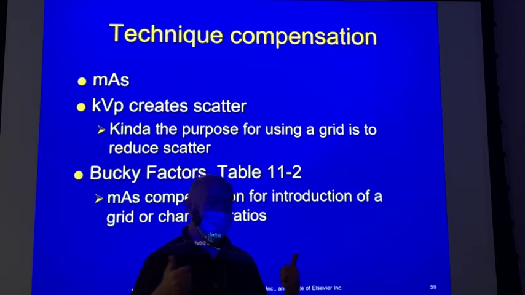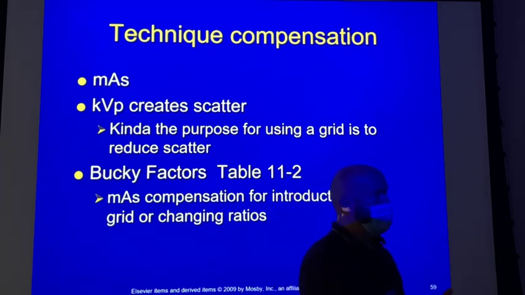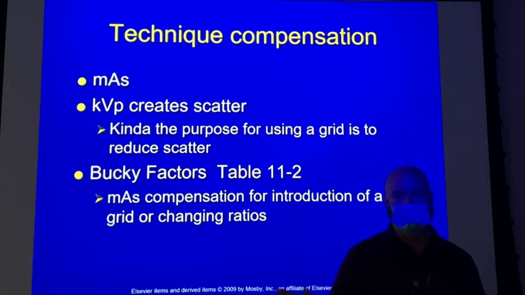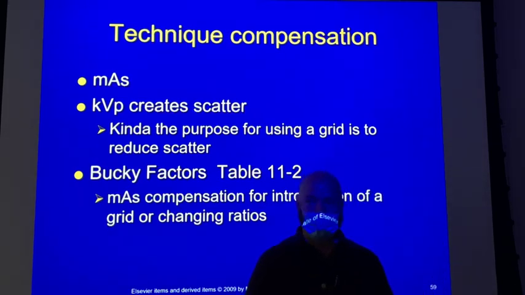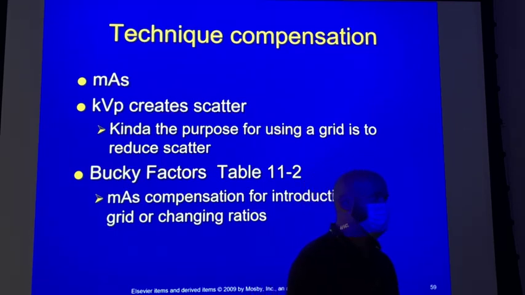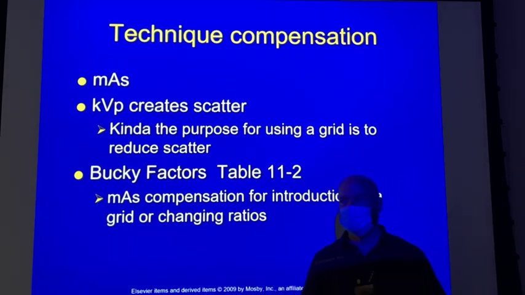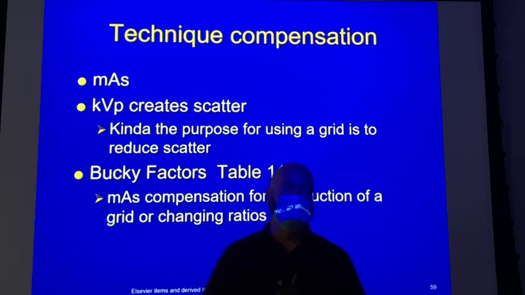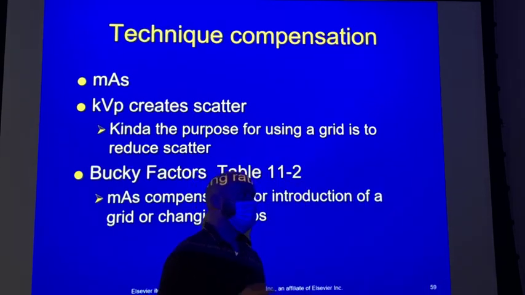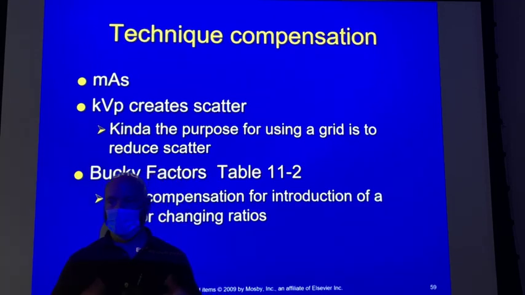It's going to increase by a factor of, according to that table, anywhere from 3 to 6 times the amount of mass. Now, if you increase your kVp and reduce your mass using a grid, is your patient dose going to be better or worse than if you use low kVp high mass with a grid?